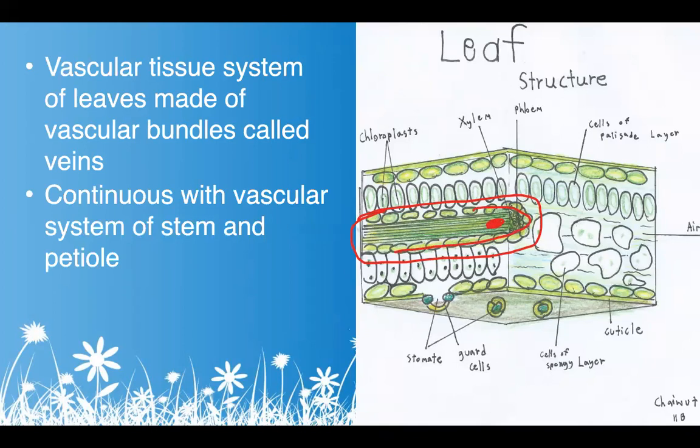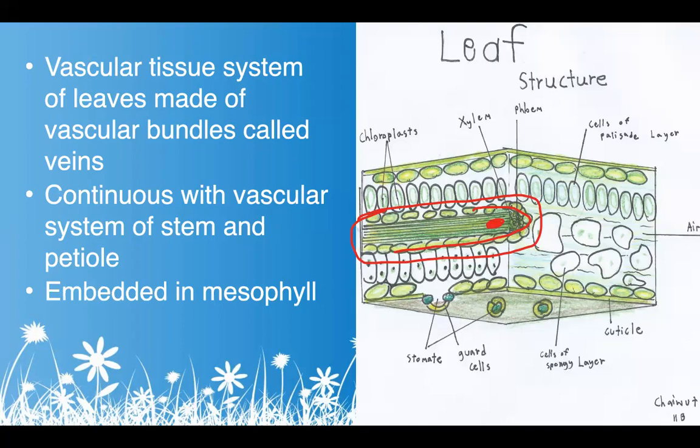This xylem and phloem is continuous with the vascular system of the stem and the petiole. So it's all connected, very much in the way that our arteries connect as they move to arterioles. They branch off, get smaller and smaller into capillaries, and then capillaries merge together to form venules. Venules merge together to form veins, which return blood to the heart. Very much the same thing.